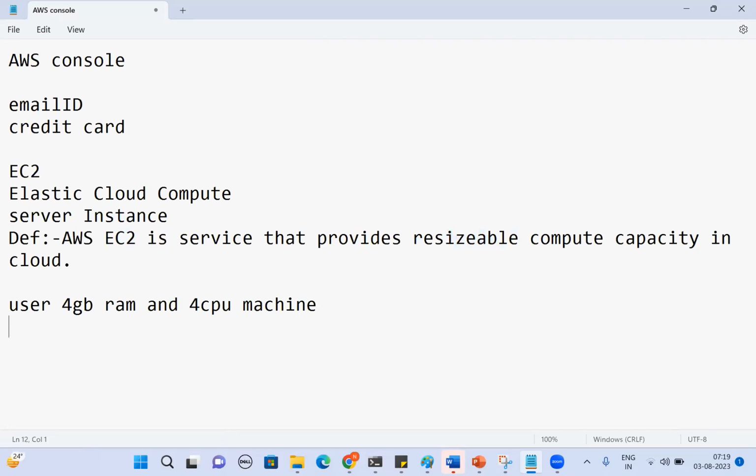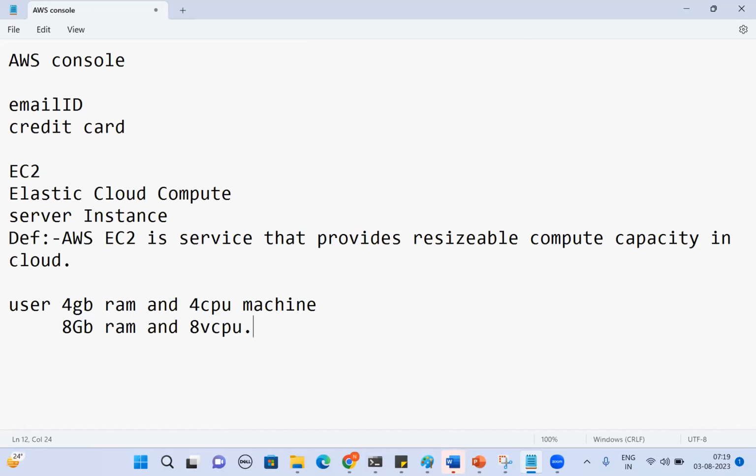But now the user has got a new load and thinks, I need to increase my configuration. So now he wants 8 GB RAM and, let's say, 8 vCPUs. In the real world it will take time, because you have to manage everything and get hardware resources.